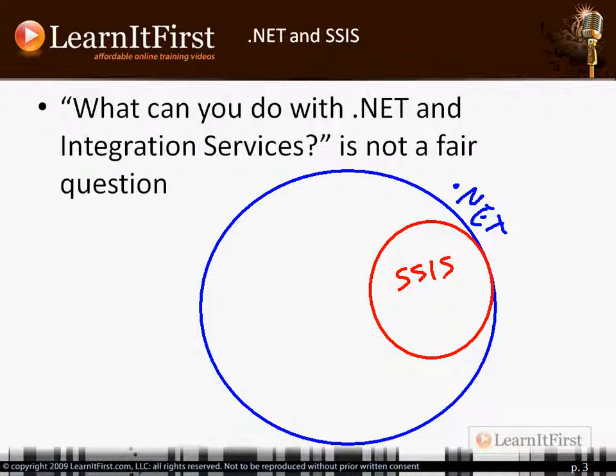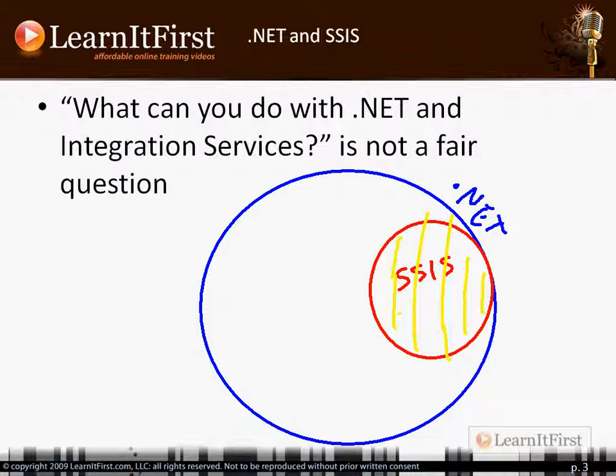So you can see that there are things that .NET can do that SSIS cannot do. That's at least what this is meant to imply. These right here are all the sections that SSIS can do inside of .NET. I don't know if this diagram really works or not. I'll try to use it.